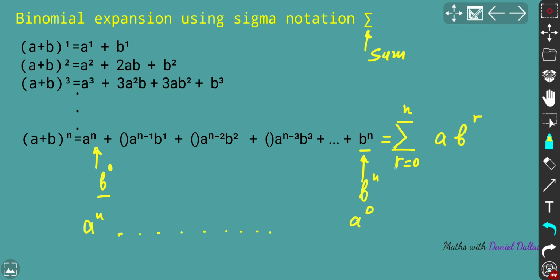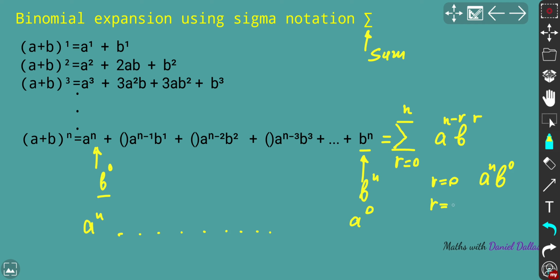So if you use the running index r, the power for a should look like n minus r. And indeed, if you just try to use this formula, you can see how it actually works. For the first term, you need to use r equals 0, and if r equals 0, you'll get the following term, a to the power of n and b to the 0. That's okay, that's your first term, a to the power of n.